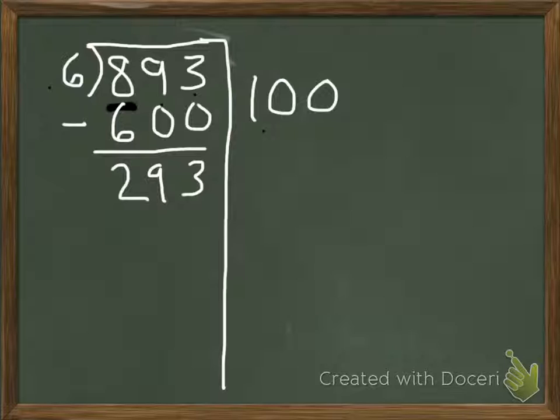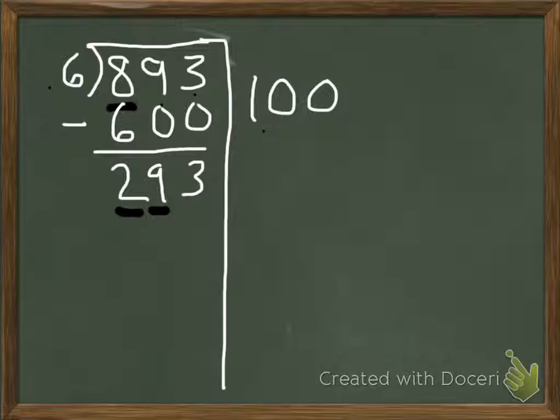Well, what do I do now? Once again I look at whatever place value is available here, starting from the hundreds, the tens, and the ones. I still have 2 hundreds left here, but obviously I can't take 6 and divide it into 2, so I'm having a problem. I need to look over at the next number, and yes, 6 can go into 29, which is actually 290 here.